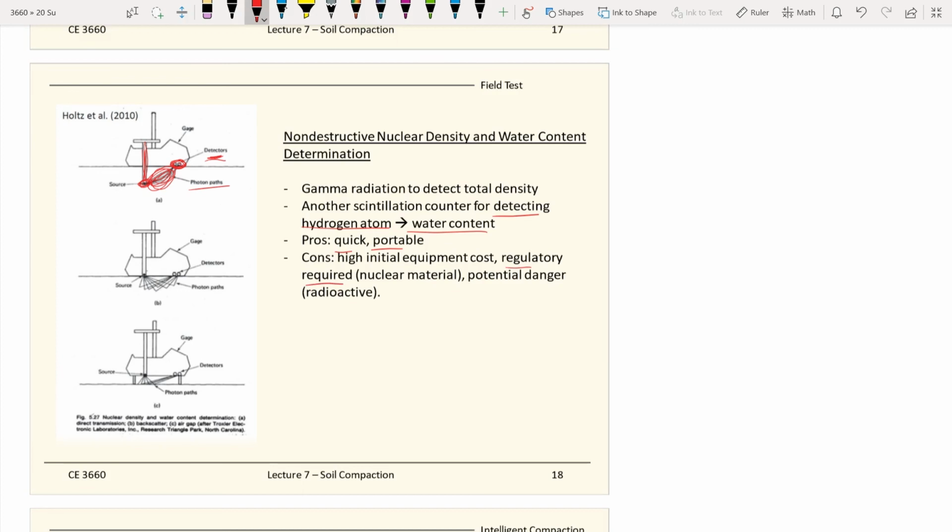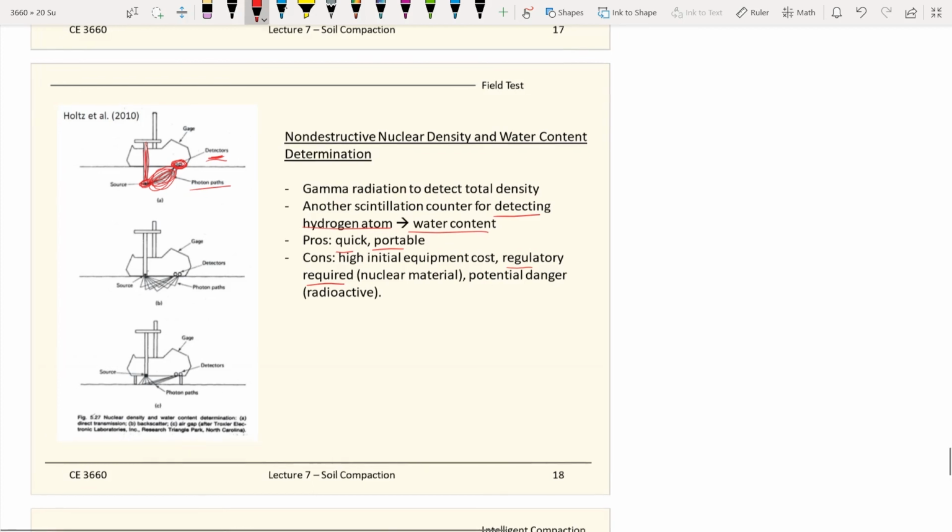But this is a very typical job that we do in our business, and a very common job for entry-level engineers. So if you think you will go into the business of geotechnical engineering or even construction management, very likely your very first jobs or your very first year of experience will be working with a nuclear gauge.